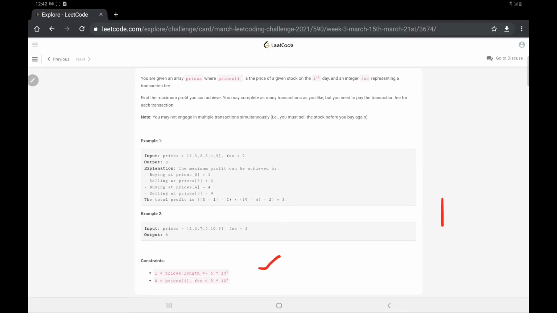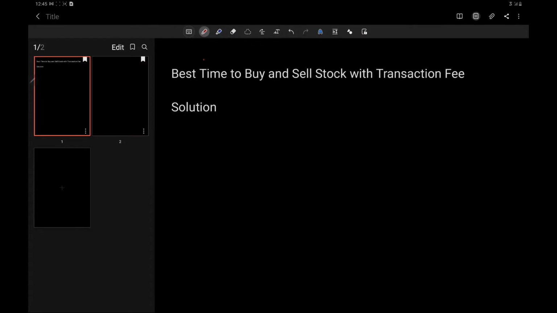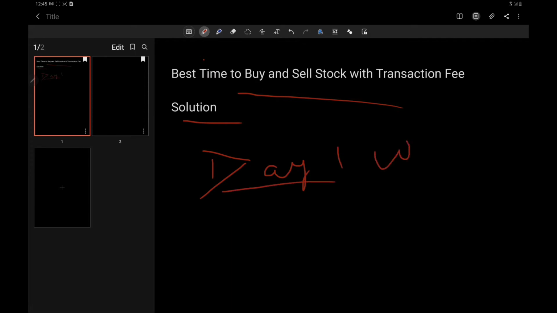The question is simply of buying and selling the stock given the prices and a fee. Let's see how we're going to solve this. Keep in mind that on day 1 we cannot sell, because we won't have bought anything.